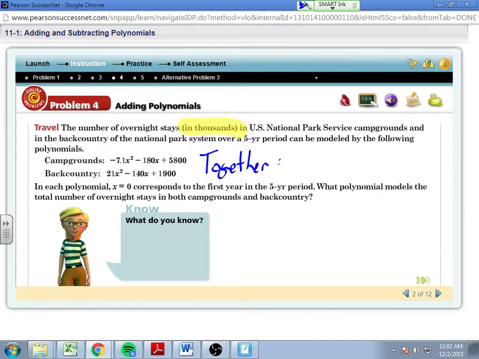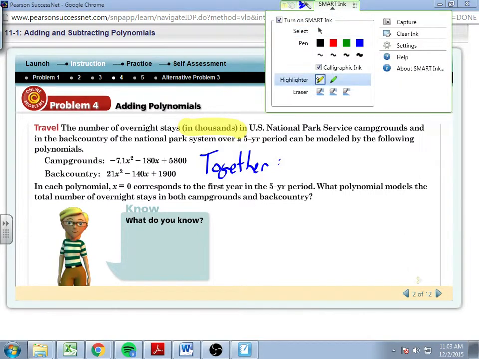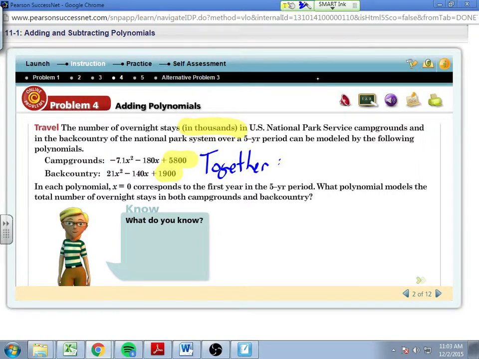So what can we combine between the campgrounds and the backcountry? You can combine the ones without any variables, like the 5. Oh, the constants? Yeah, we can combine the constants.